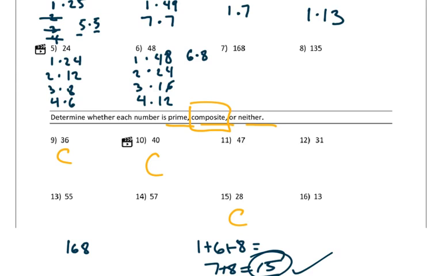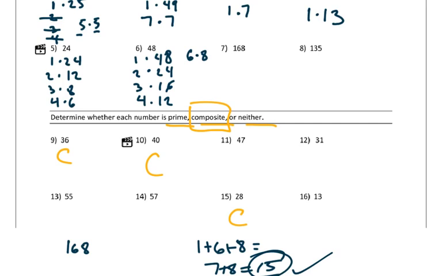Then we go to 47, and I'm not certain initially looking at it. What I can do is use my divisibility rules to try to figure it out. It's not even, so it's not going to be divisible by 2. It doesn't end in a 5, so it's not divisible by 5. 4 plus 7 is 11, which is not divisible by 3, so the number is not divisible by 3, nor 9.